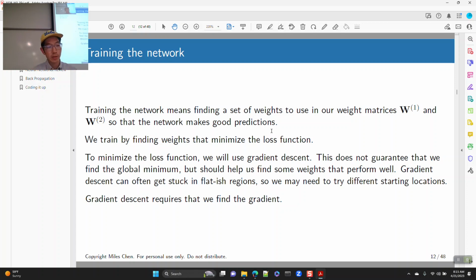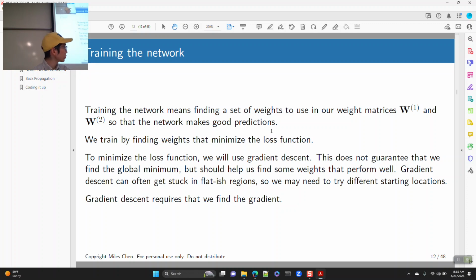To minimize the loss function, we're going to use gradient descent. A lot of these iterative algorithms aren't guaranteed to find a global minimum. Our loss function is pretty simple, just a sum of squares. It's a convex loss function, so it will generally have okay performance.